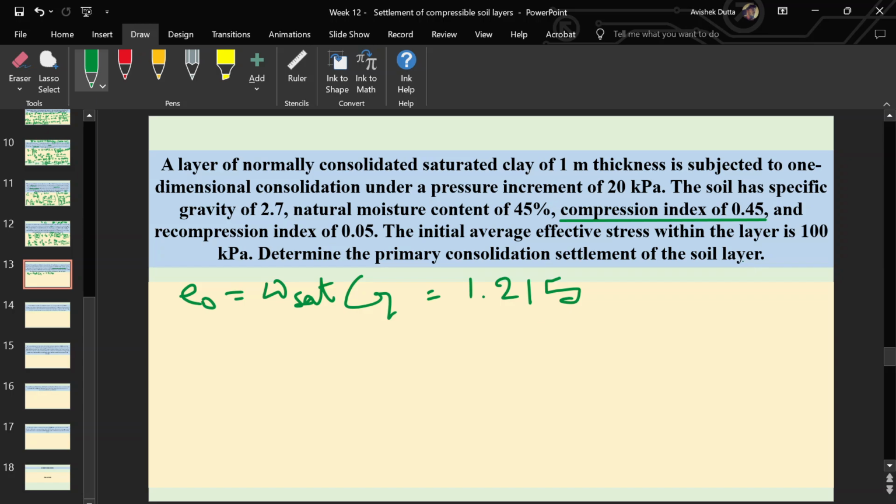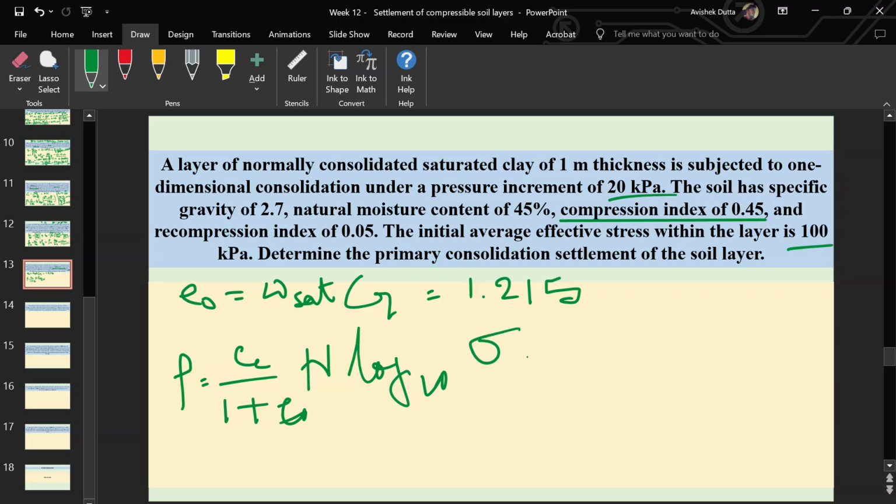Initial effective stress 100, final is 20. So just use the normal formula, Cc divided by 1 plus e0. This is a similar question, just for practice. Log of sigma f by sigma 0 effective.